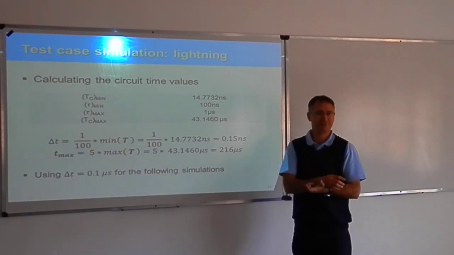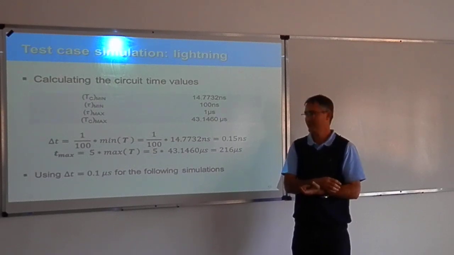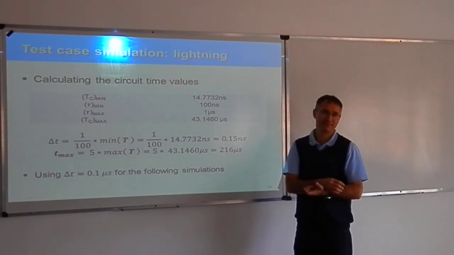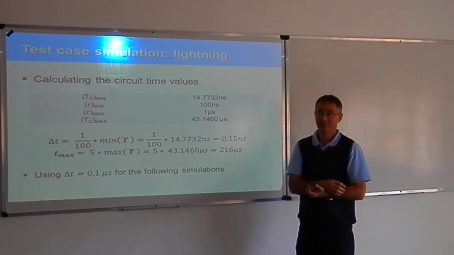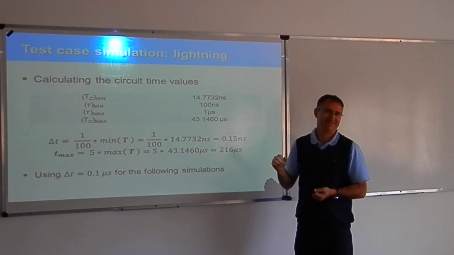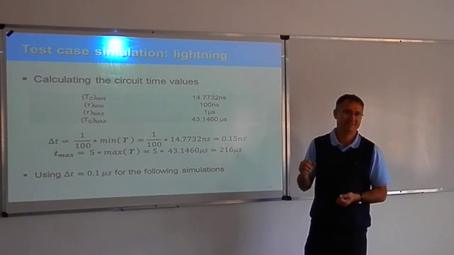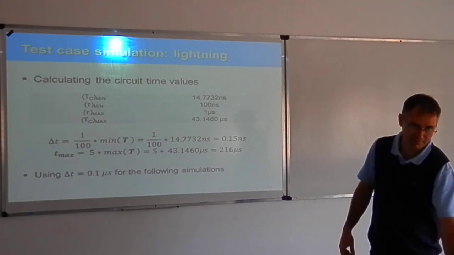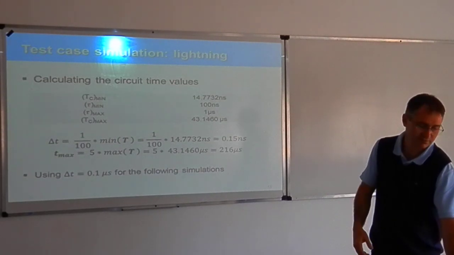So that is enough to represent the reflections in the transmission lines. I cannot use values bigger than 0.1 microseconds. It has to be smaller than that. But eventually, we do not need to go to nanoseconds to represent this phenomenon. So there is an opportunity for improving this algorithm when we have a circuit with transmission lines.